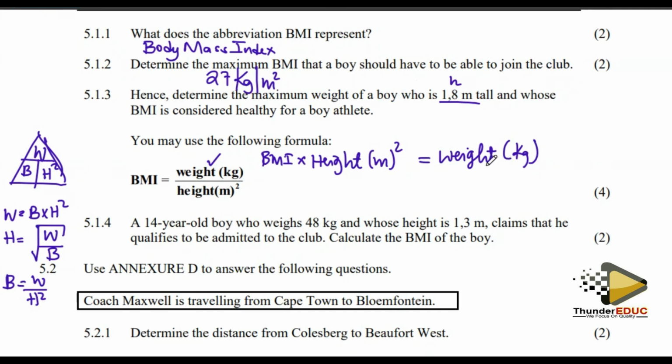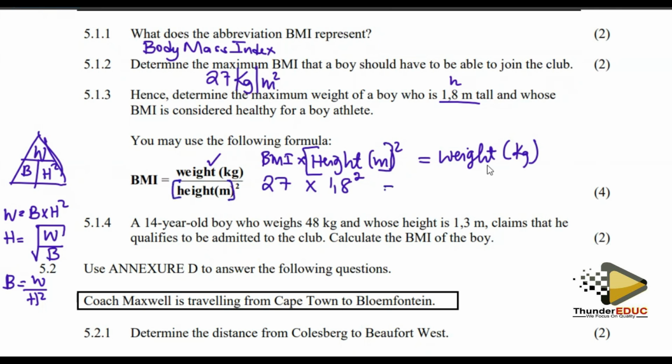Okay, so here we go. We have the BMI already as 27 times the height that they have given us, 1,8, but now you're going to square it because the height has to be squared. You don't square the meter only, square the value for the height. Everything is going to be squared.